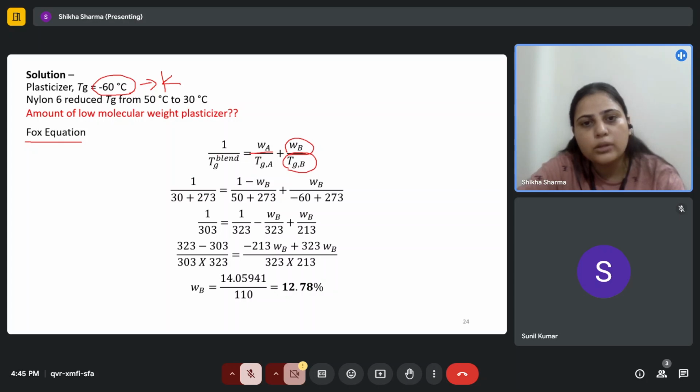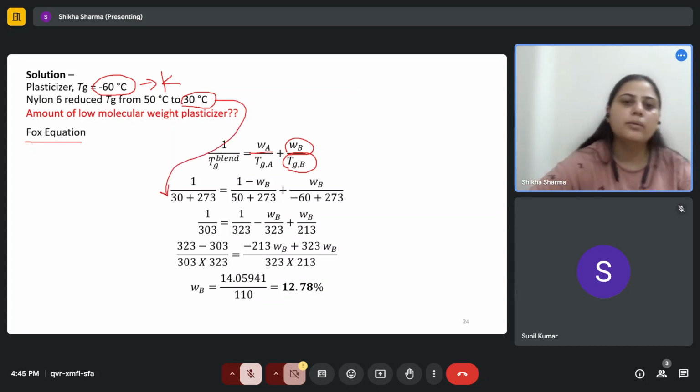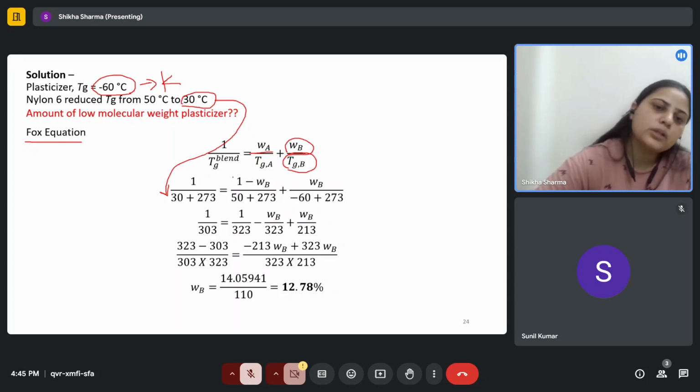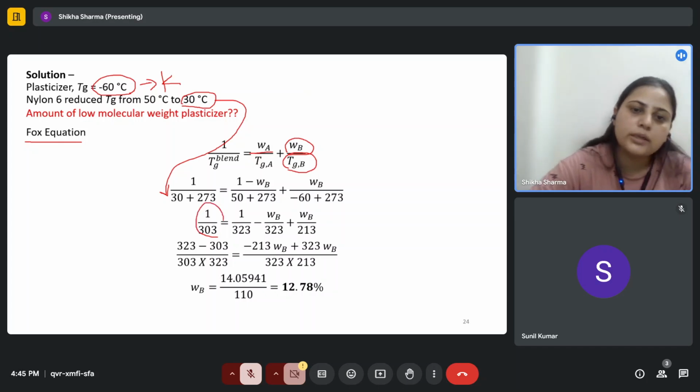So 1 upon the blend glass transition temperature, which after adding we get 30 degree Celsius, which is 30 plus 273 is Tg of the blend. So 1 upon 30 plus 273, which is nothing but 1 upon 303, right?